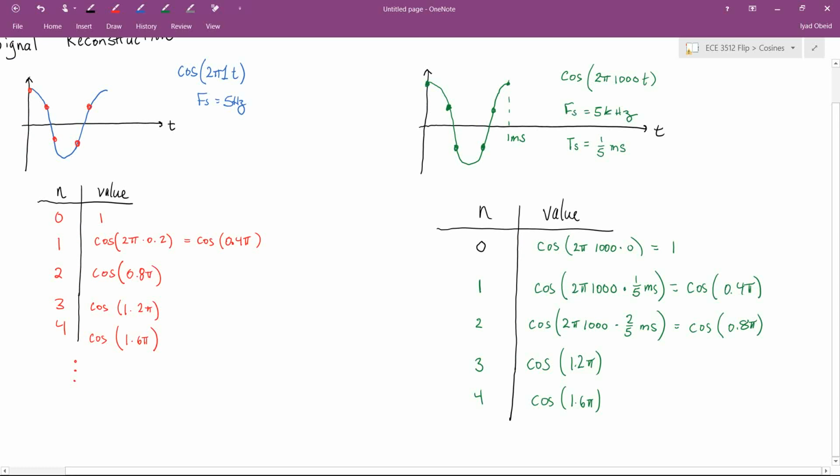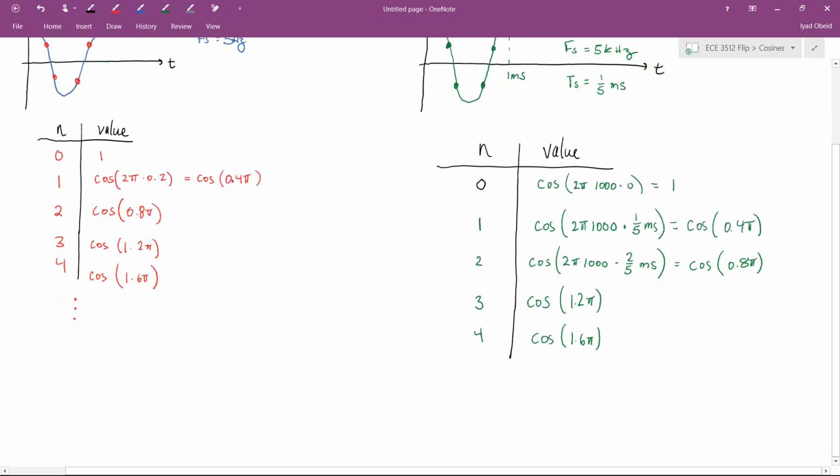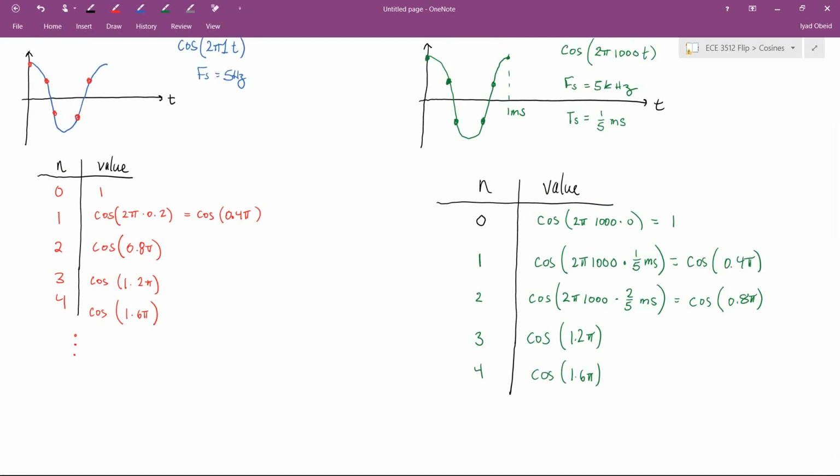I have a 1 hertz cosine on the left and a 1000 hertz cosine on the right. But when I've sampled them, I wound up with exactly the same list of numbers. If I just give you a table of n and value, you would have no way of knowing whether the signal I'm looking at originated as a 1 hertz signal or a 1000 hertz signal.